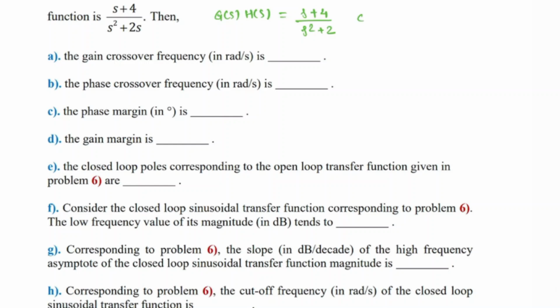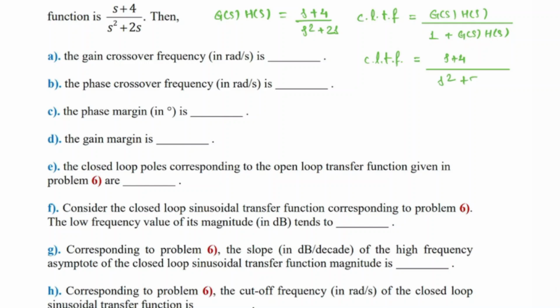So the closed loop transfer function would be s plus 4, and we'll have, sorry, s square plus 2s from here and 1s from the numerators.